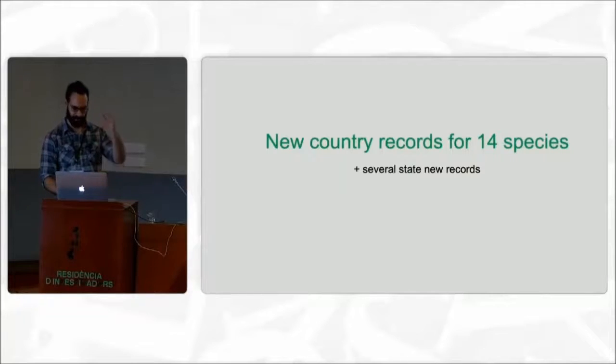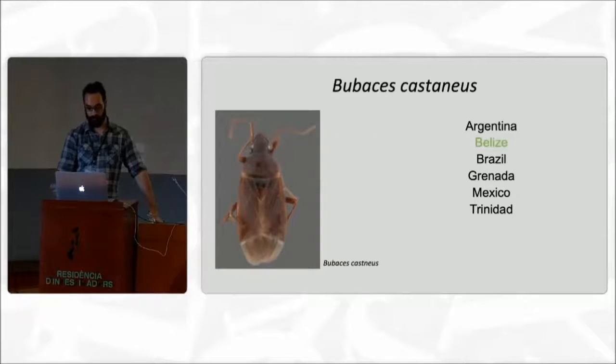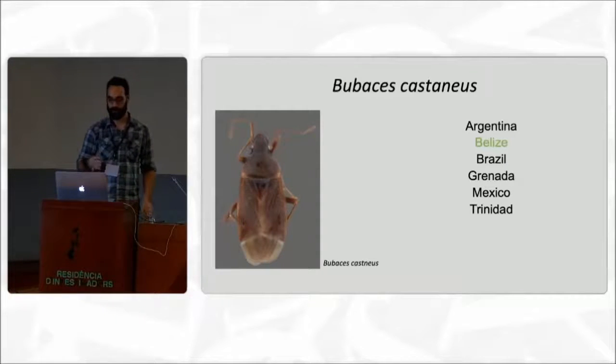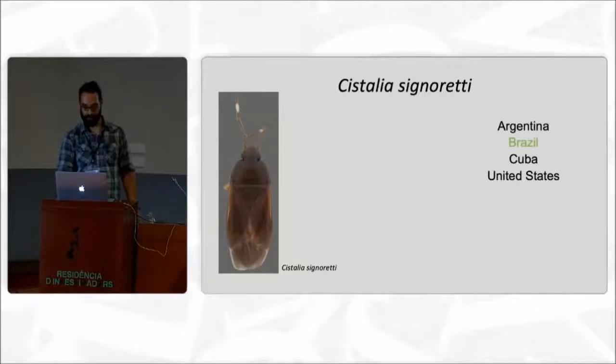Pay attention to the West Indies and Argentina. They are always there because of the many works they've done with this tribe. Bubastis castaneus occurs in all these countries, and we found it in Belize. Cistalia, we added Brazil.